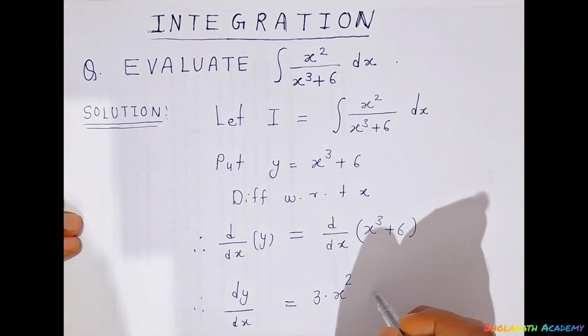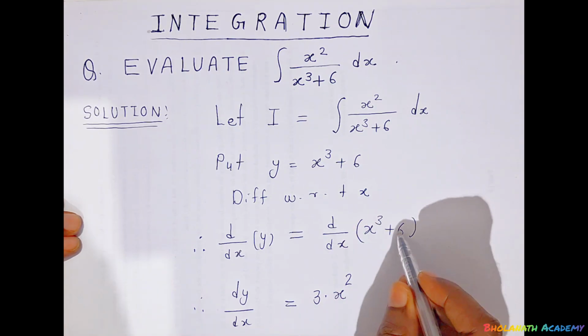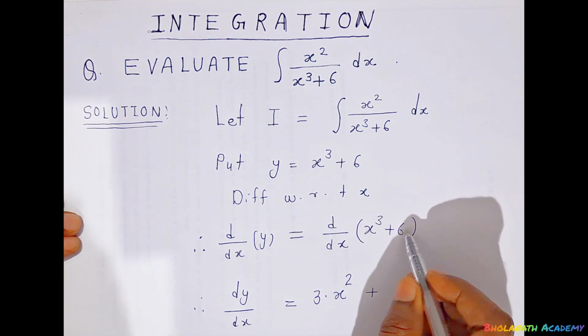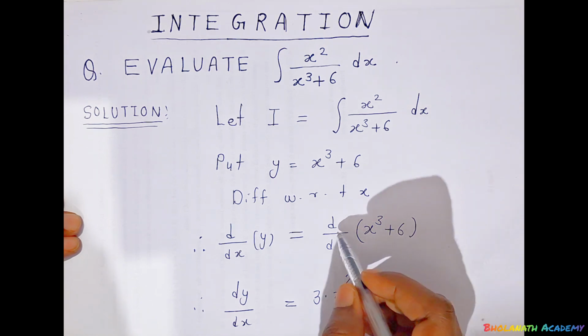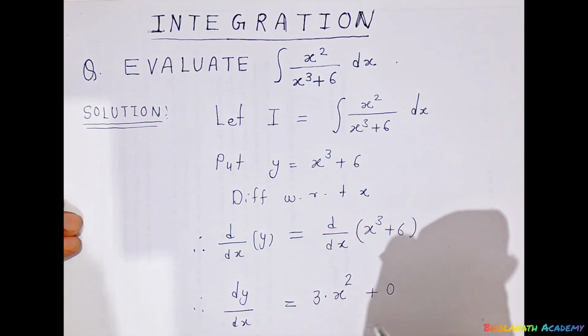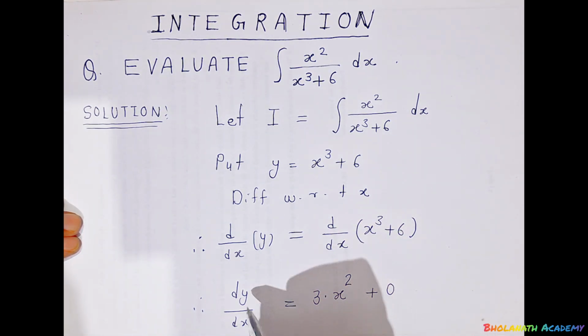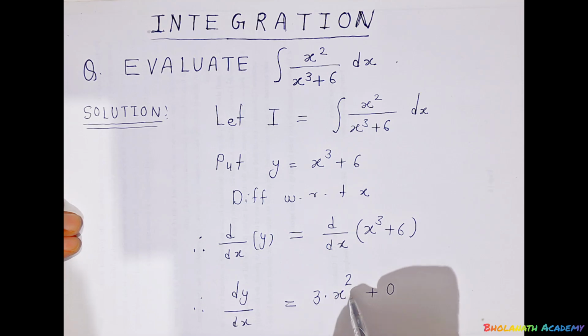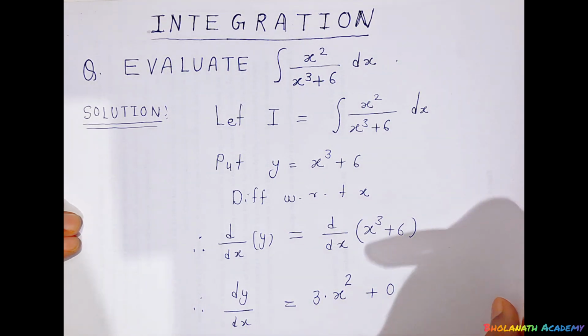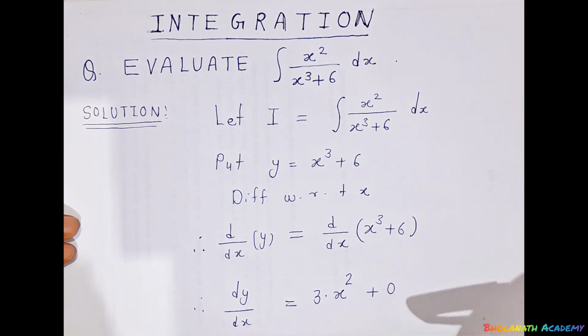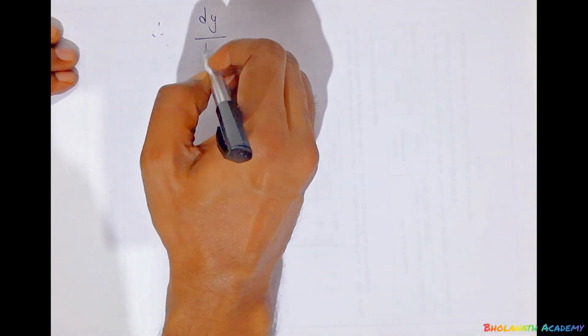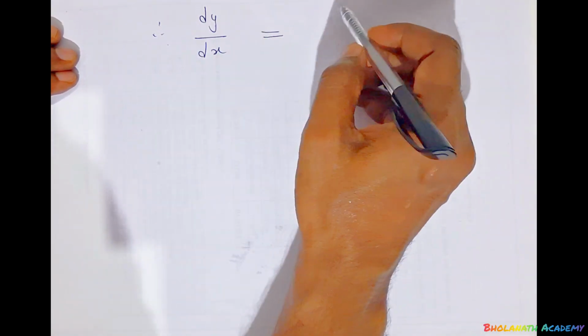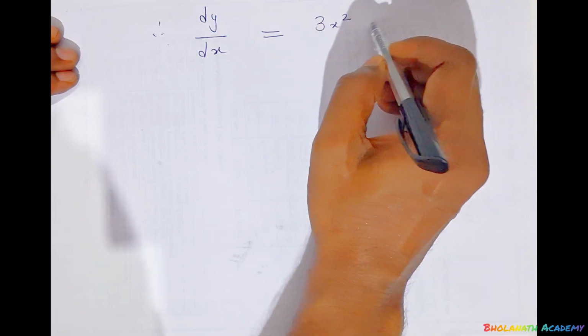Differentiation of 6 will be 0. So now you got dy by dx is equal to 3x square plus 0.